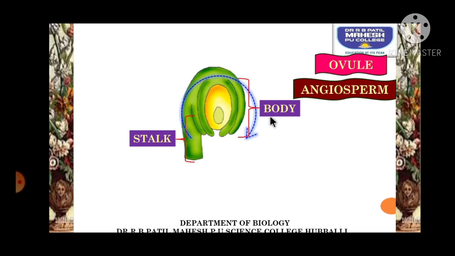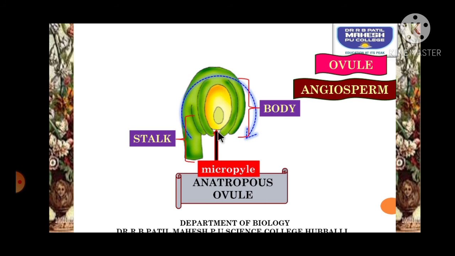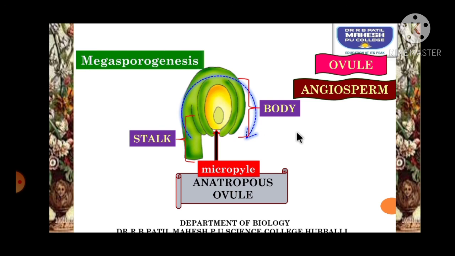This is the most common type of ovule present in the angiosperm. This structure here is called micropyle, and the embryo sac and the chalaza lie in a straight line, but the ovule totally becomes inverted, making the ovule anatropous.